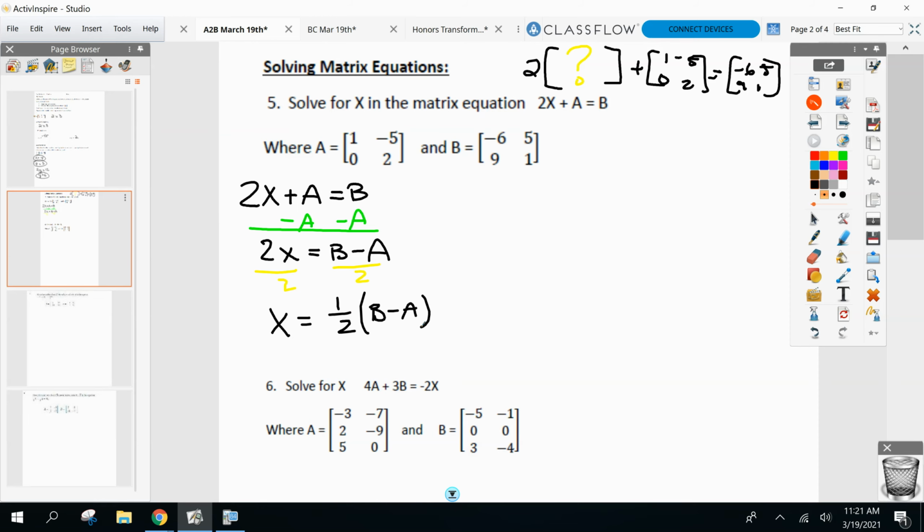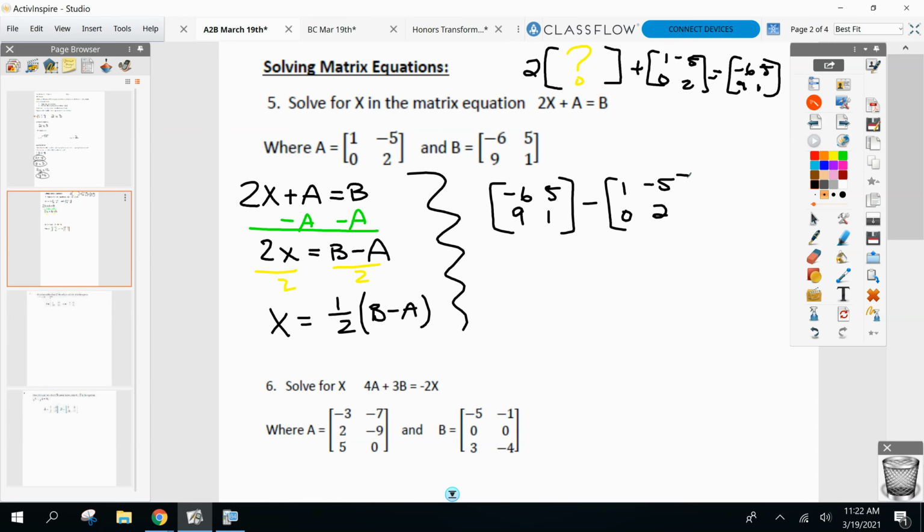All right, so that's all I'm doing here. So here we go. B minus A. Watch out for the double negatives. If you got to use your calculator, go ahead and use it. Okay, so do B minus A first. Do everything inside the parenthesis first.